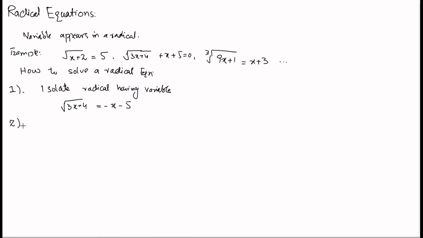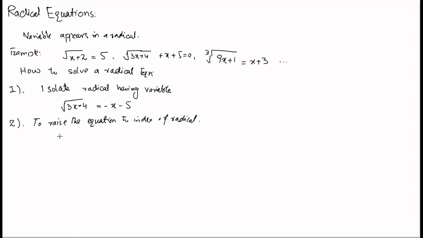Then step number 2 is to raise the equation to the index of the radical. If the radical is a square root, then we square the equation.